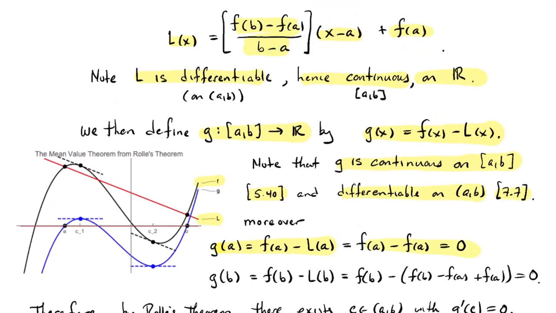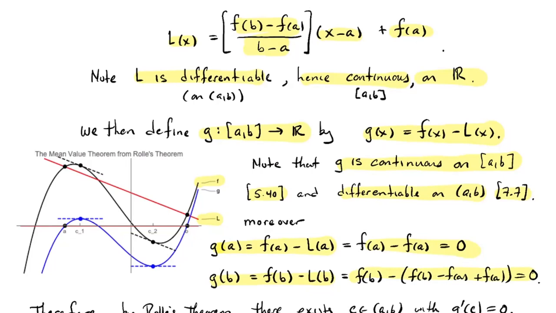All right. Likewise, g of b: plug the b's into f and L. When you plug in b for this x up here, b minus a times 1 over it is 1. So you just get f of b minus f of a plus f of a. So that's what I've written here. Check out the arithmetic. That also is 0.